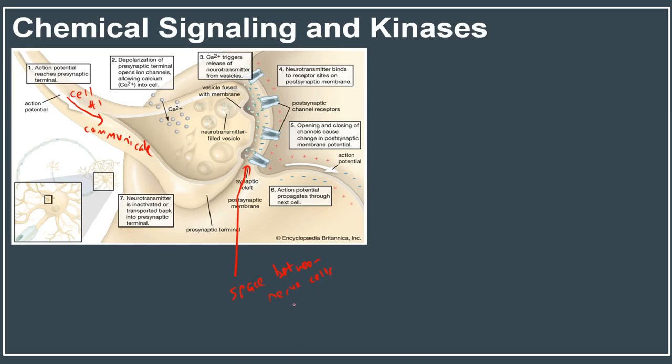The space between the nerve cells is the synapse. And right here, all this stuff here is the synapse. It's a space. And then here's the cell membrane, the lipid bilayer of, I'm just going to call it neuron number 2. And all this here is neuron number 2.